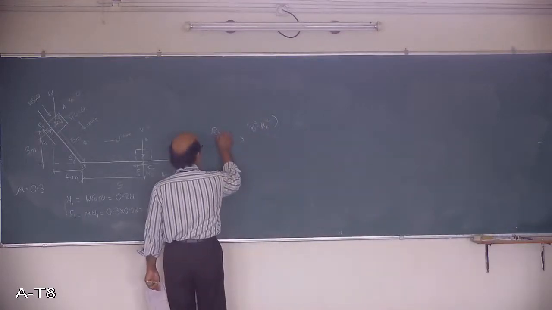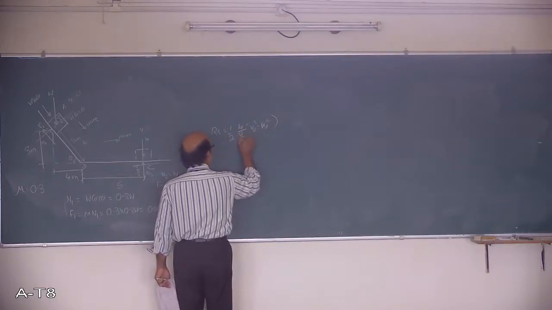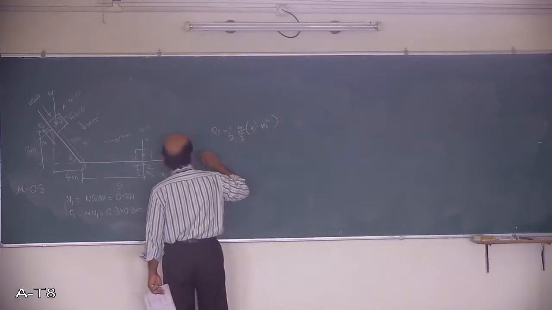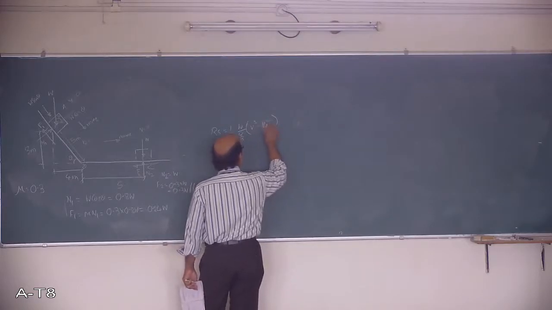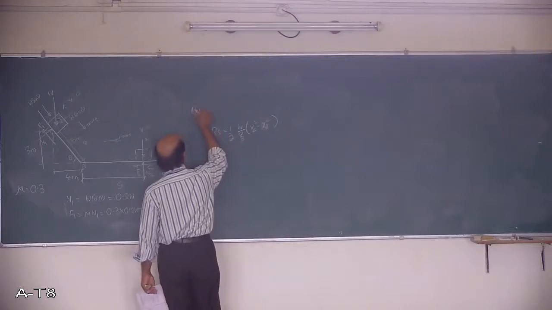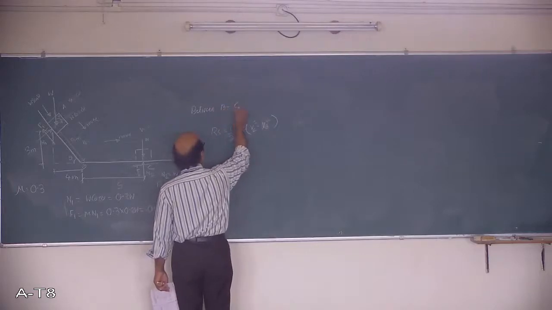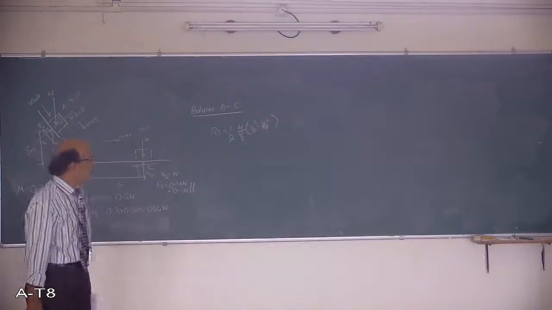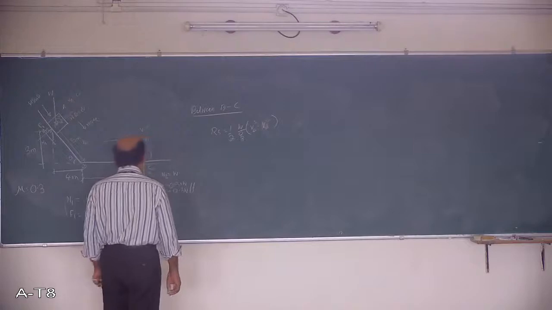R into S is equal to 1/2 W/g, and the only things in this equation are VB square and VC square between B to C. In this equation I have already worked out F2.